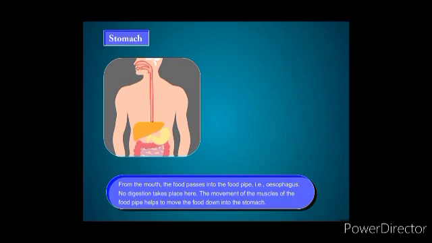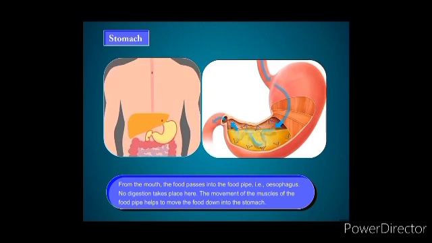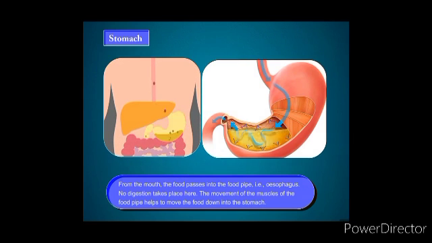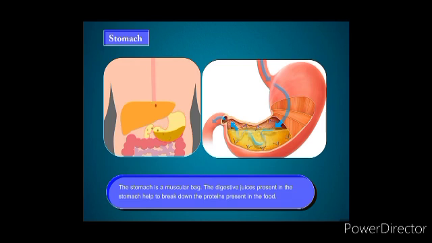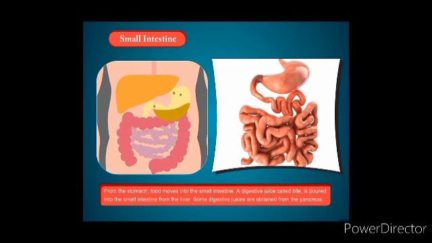Stomach. From the mouth, the food passes into the food pipe, that is, esophagus. No digestion takes place here. The movement of the muscles of the food pipe helps to move the food down into the stomach. The stomach is a muscular bag. The digestive juices present in the stomach help to break down the proteins present in the food. Small intestine. From the stomach, food moves into the small intestine.